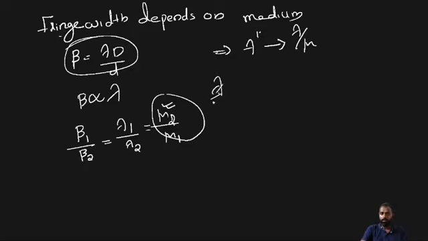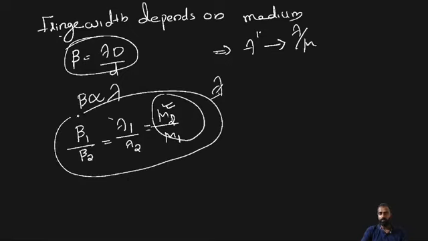And the lambda change creates the fringe width change accordingly. Beta1 by beta2 is lambda1 by lambda2, which is mu2 by mu1.